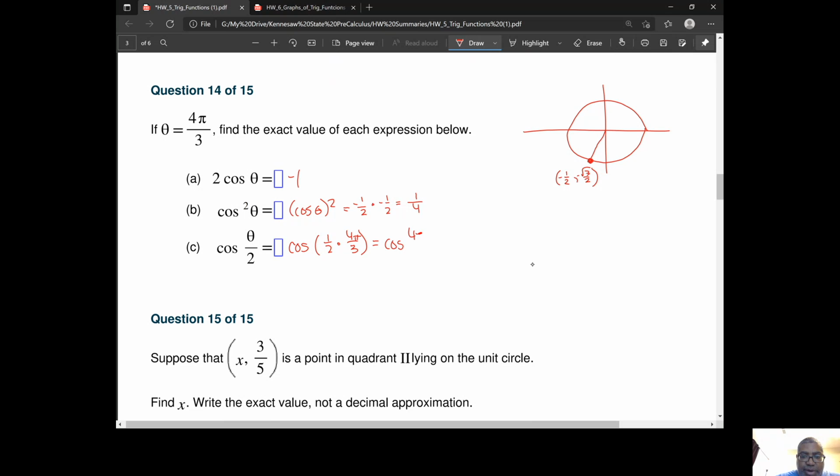Cosine of 4 pi over 6, which reduces to cosine of 2 pi over 3. On the circle, 4 pi over 3 is right here, and 2 pi over 3 is right here. And the cosine of those two things are the same.